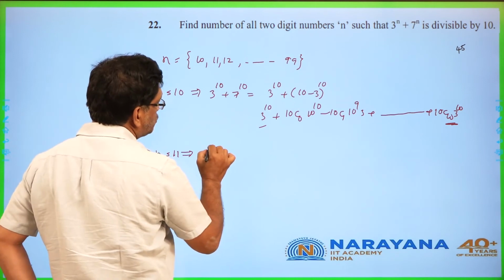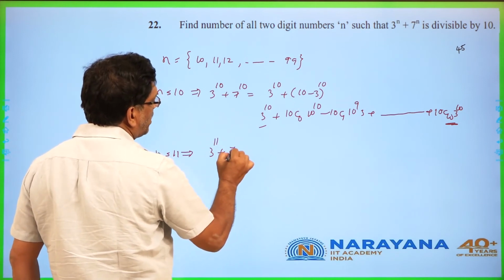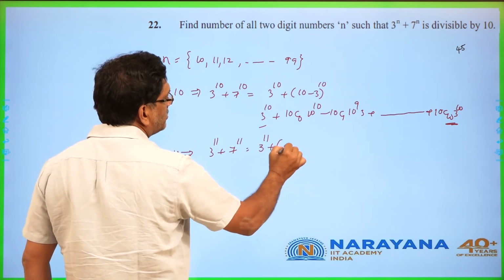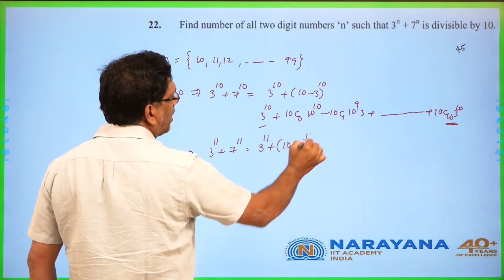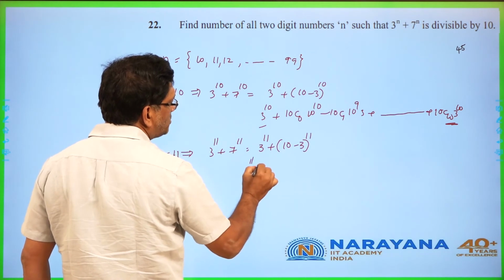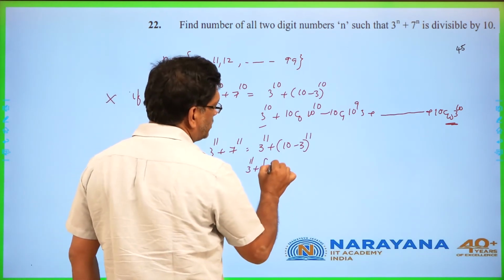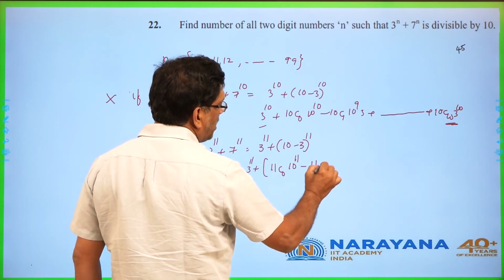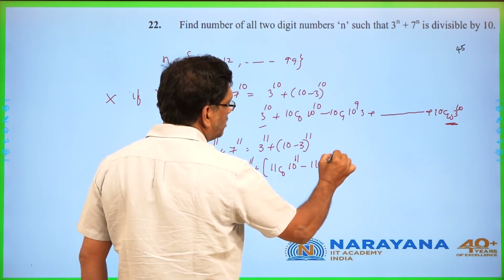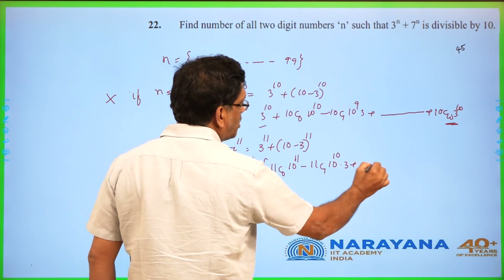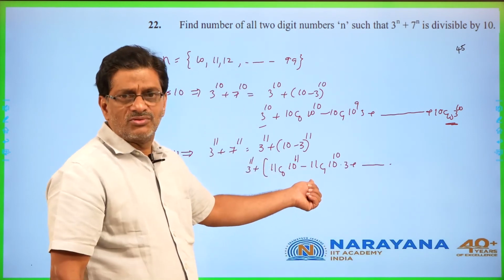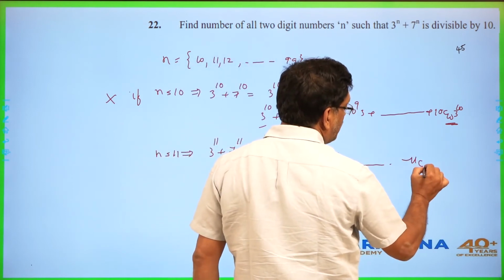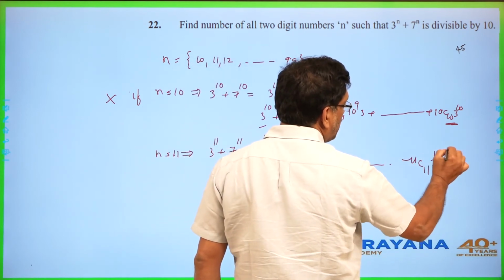If you put n equal to 11, it is 3 power 11 plus 7 power 11. Keep the first term the same. We can write this as 11C0 10 power 11 minus 11C1 10 power 10 into 3, and so on. Every odd coefficient is negative, so minus 11C11 3 power 11.